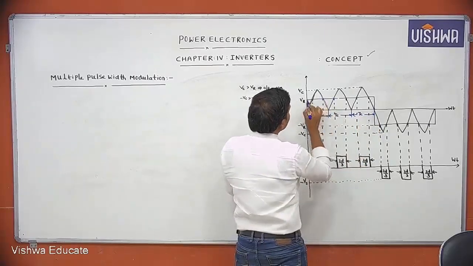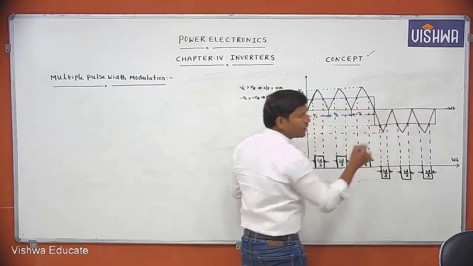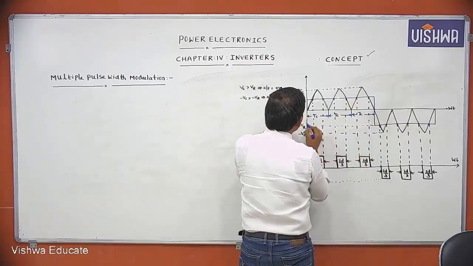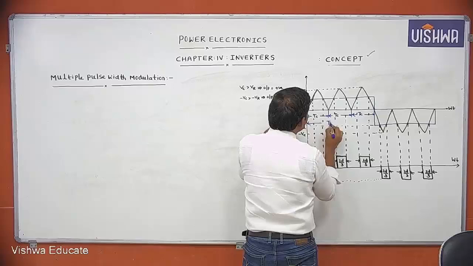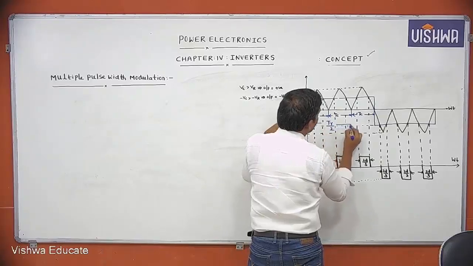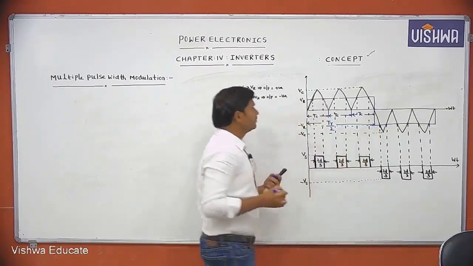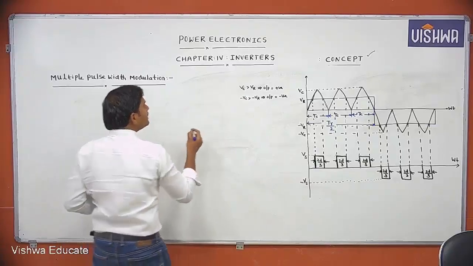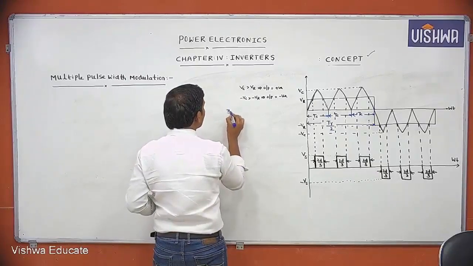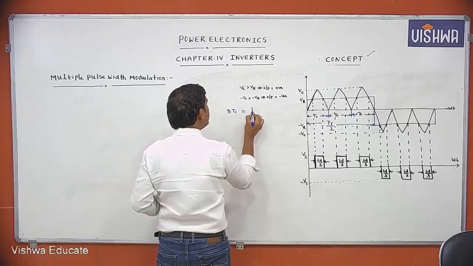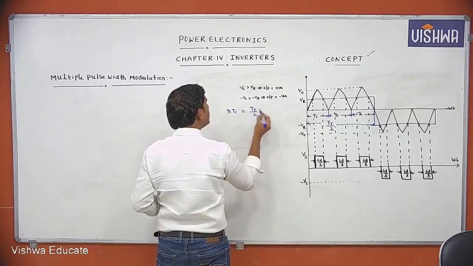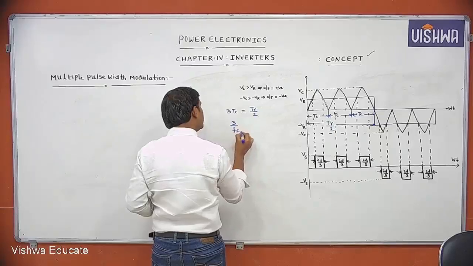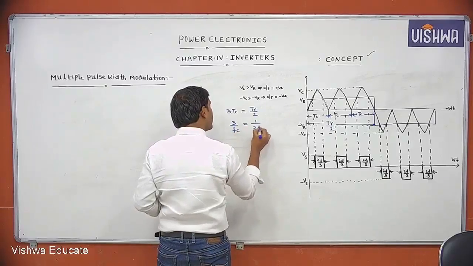But how many reference signals are taken? One cycle of reference signal, but this is half cycle of reference signal now. With respect to the reference signal, what is the time period? Tr by 2. Can we equate like this? 3Tc equal to Tr by 2. Then 3 by Fc equal to 1 by 2Fr.